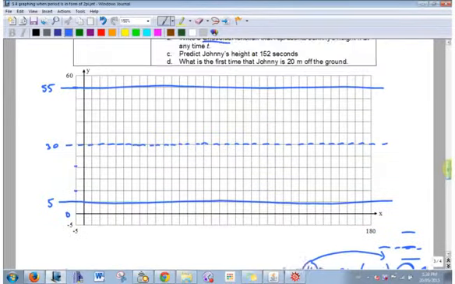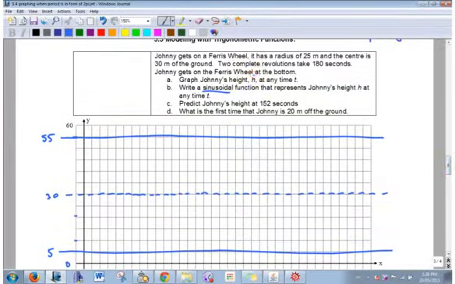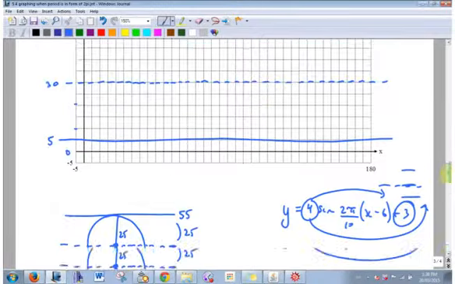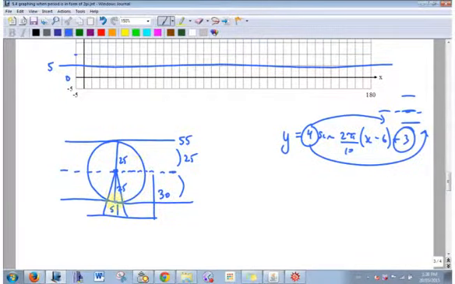So, what else do I know? I get on at the bottom. 2 revolutions is 180 seconds. Okay, so I get on here and then I go around and I go around again, and that's 180. But what do I probably want to take out of that? Does it say graph 2? 2 complete.